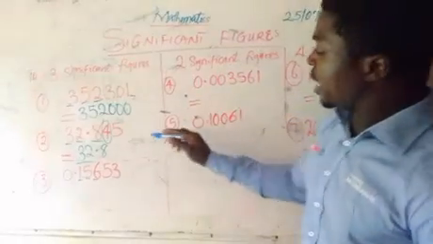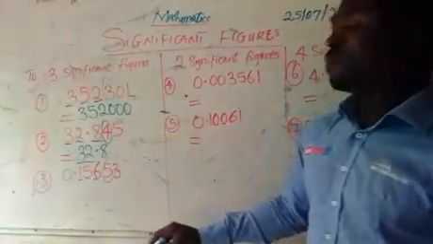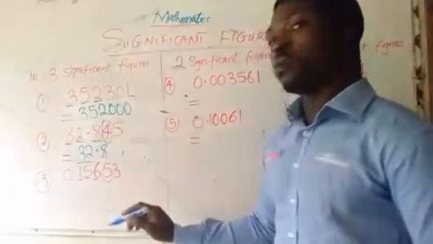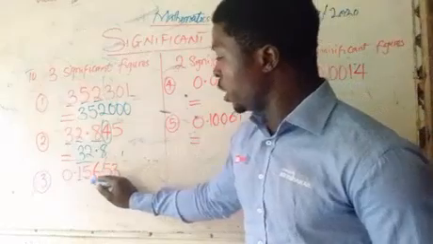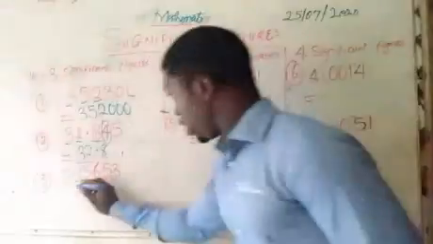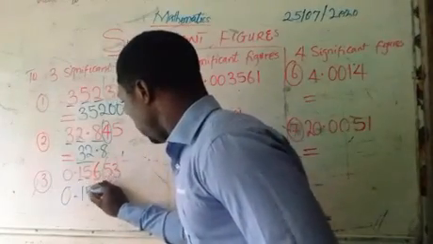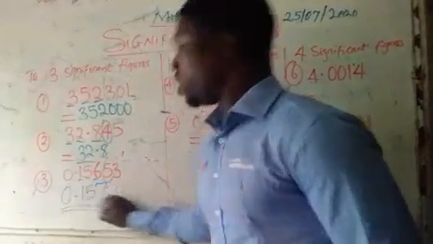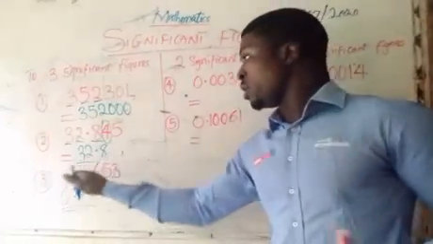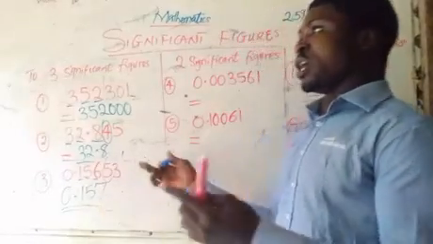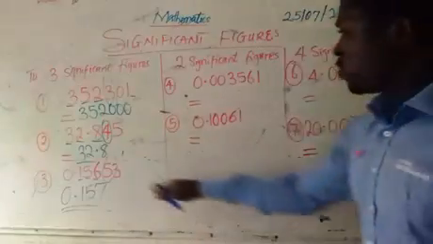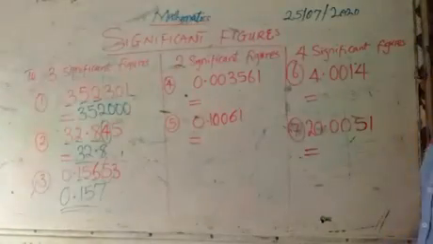But since the next number is up to 5, that is equal to 5, we round it up to 1 and add to the number before, 0.156 plus 1, which will give us 0.157 as our final answer. The other ones should be turned to 0, but 0 after the decimal point is nothing. It has no value, so we leave it out. So it has nothing to add to the number then.